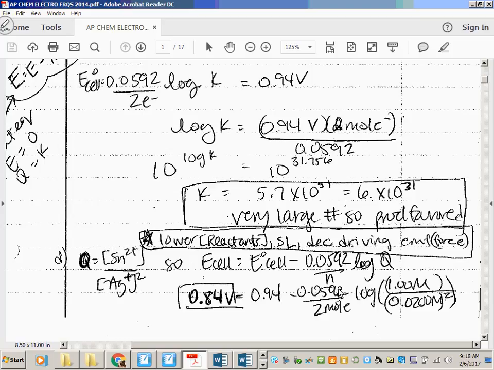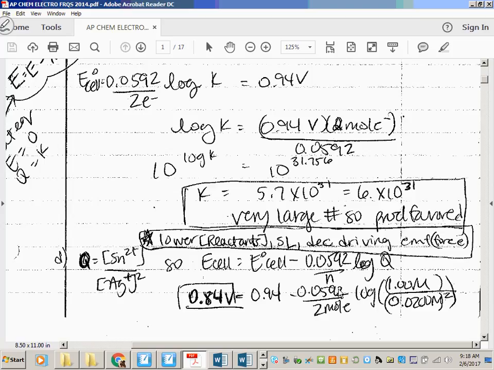I did negative nFE equals delta G, and then I solved for delta G. I plugged that in, and then solved for K. Did you change your units, kilojoules and joules? I might look at yours specifically, but this is the most direct approach for sure.